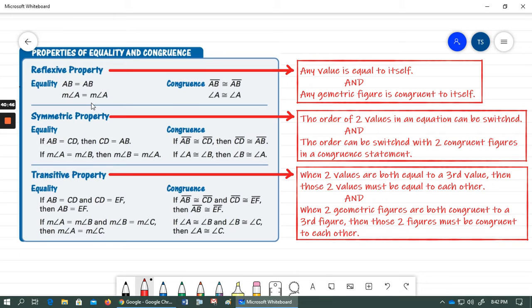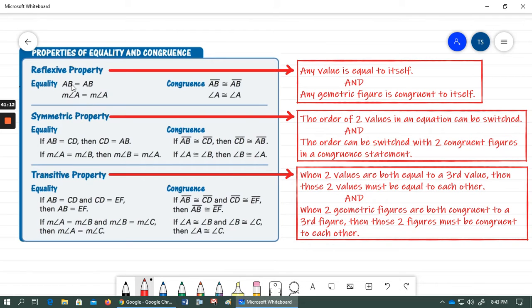As we mentioned before, when we looked at that little illustration with those guys and their heights, the reflexive property is pretty much focusing on some type of value or some type of figure and comparing it to itself.